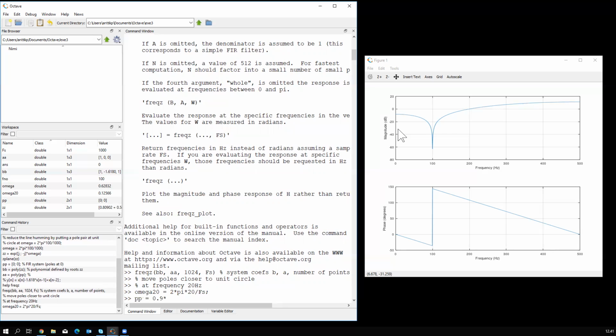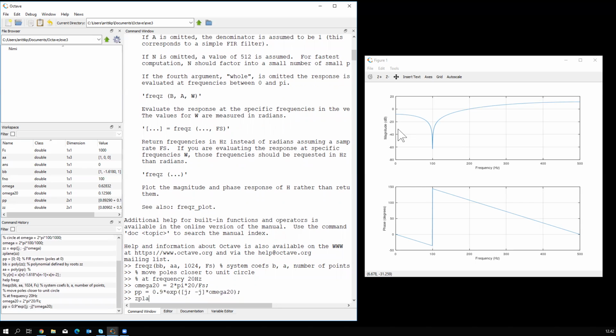This is just a guess. We can tweak this later, but this is not the usual way of designing filters anyway, but it can be done this way too. And then we have j, minus j, the complex conjugate pair, times omega 20. So now I have the pole pair.